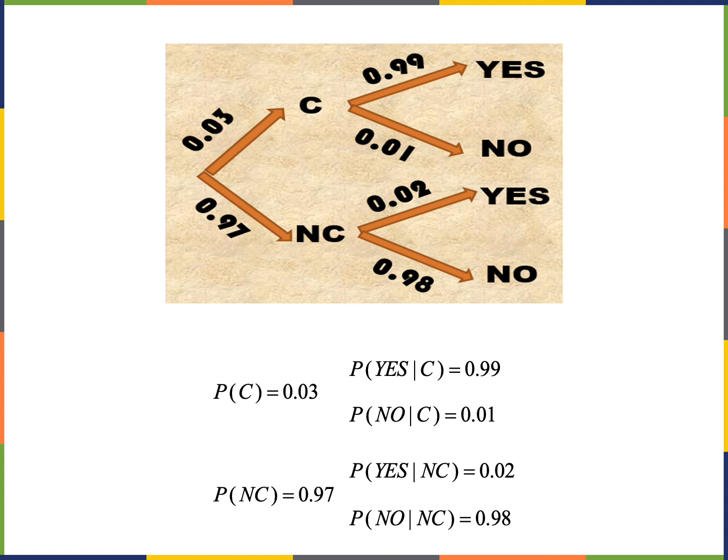Then the probability of getting a yes considering that they don't have cancer is 0.02. The probability of the test saying no, you don't have cancer, if they don't have cancer, meaning that it's accurate, is 98%. So here's the whole tree diagram in mathematical notation.